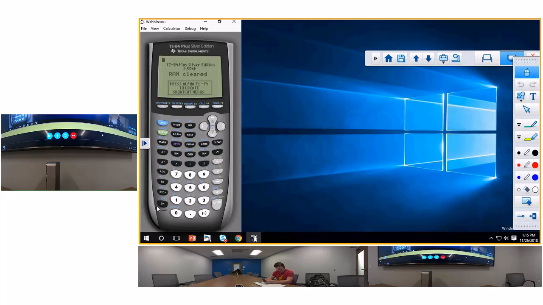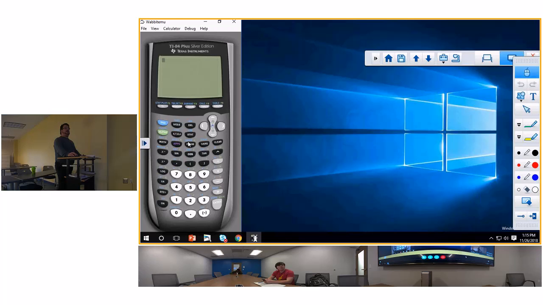This is how you type it in. Parentheses, 3 divided by 20, close parentheses, times, parentheses, what is it, 2 divided by, take 1 off, that'd be 19, close parentheses, times, parentheses, 1 divided by 18, close parentheses, enter.